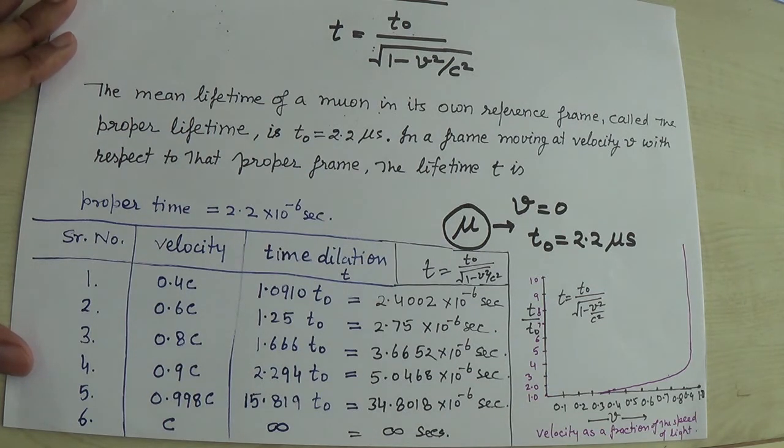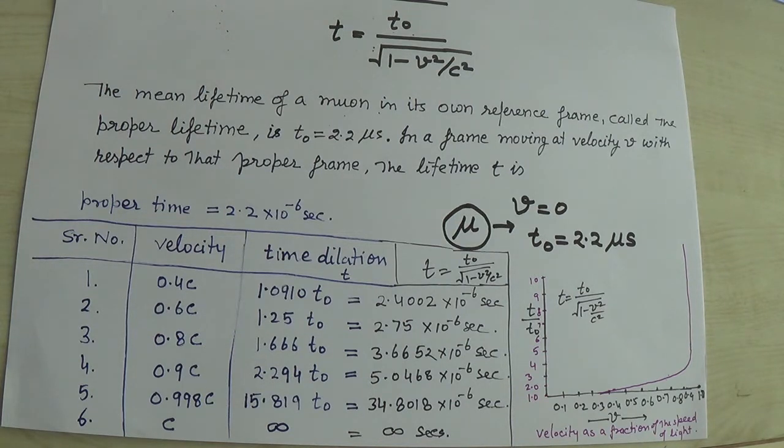So for the person who is in the rest frame, the ticks appear slow as compared to the observer O prime in the moving frame.